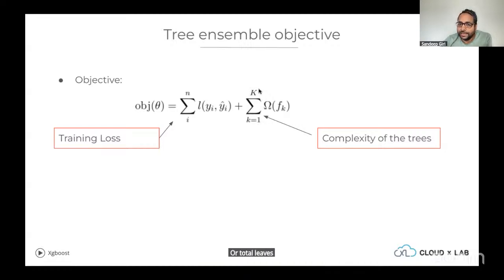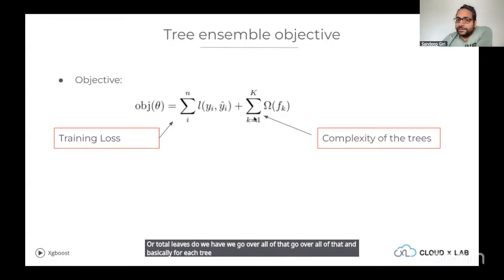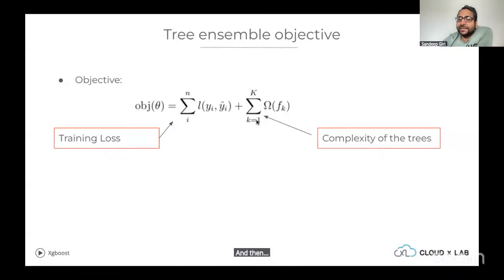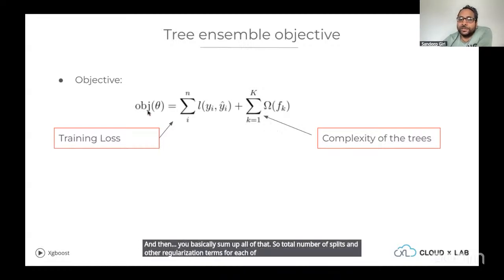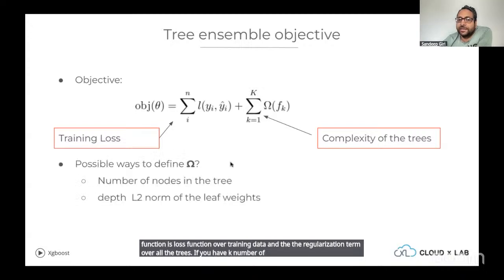For each of the k trees, you compute the total number of splits and sum up all of that, along with other regularization terms. So your objective function is the loss function over the training data plus the regularization term over all the trees. If you have k trees, you have k such terms.